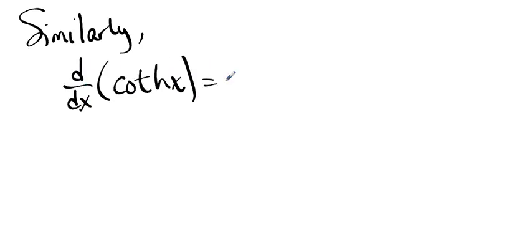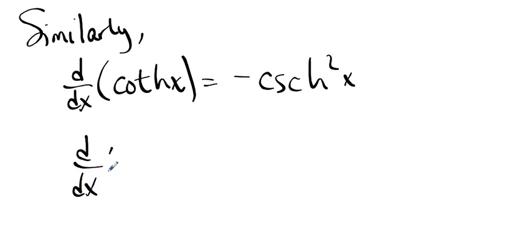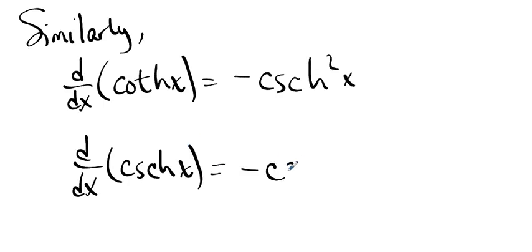Similarly, the derivative of the hyperbolic cotan function, which is exactly what you think it is, turns out to be the negative of the hyperbolic cosecant function, which is defined exactly the way you think it is. Hyperbolic cosecant is the reciprocal of hyperbolic sine, and the derivative of the hyperbolic cosecant function is the negative of hyperbolic cosecant, hyperbolic cotan.